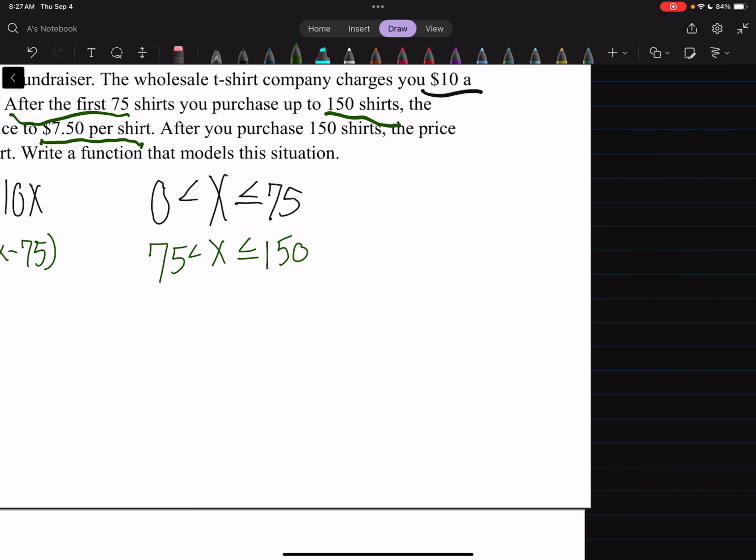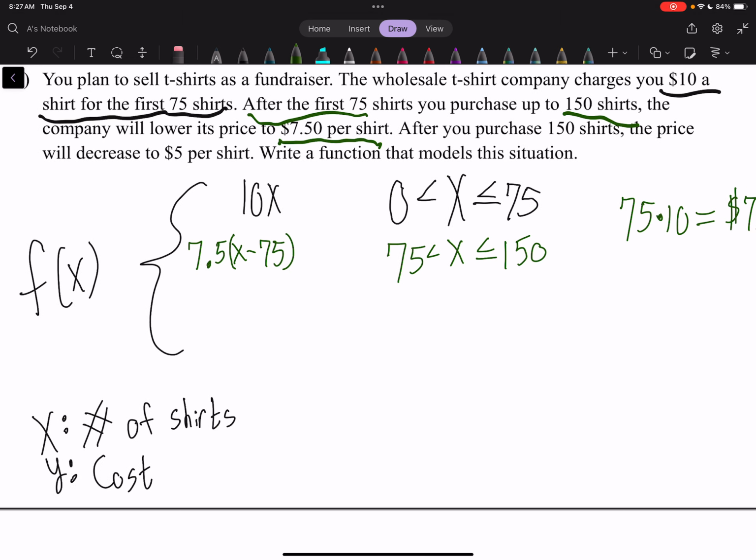So let's do some quick math. That means I have bought 75 shirts, and in buying those 75 shirts, I have spent $10, which means I've spent a grand total at this point of $750 plus $750. All right, that part is finished.